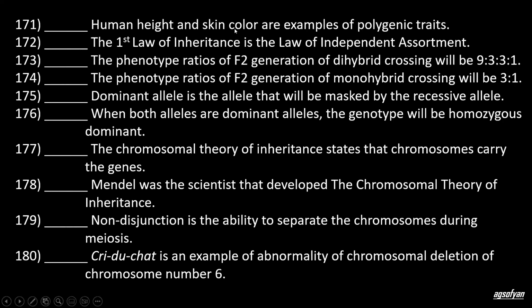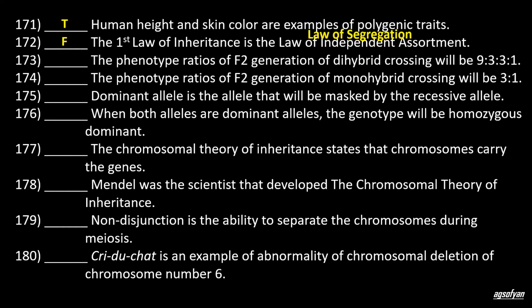It's not only one gene or one pair of genes, but several genes. So it is true. The first law of inheritance is the law of independent assortment. True or false? It is false. Remember the first law is segregation. Law of segregation.